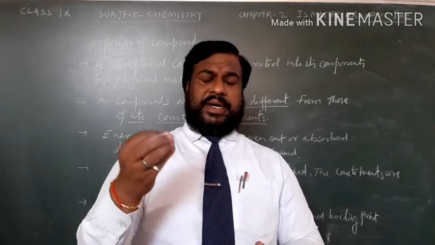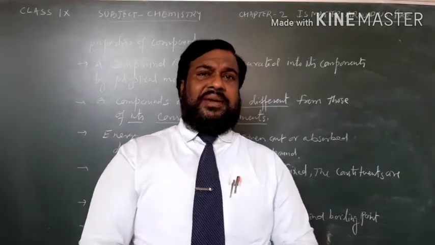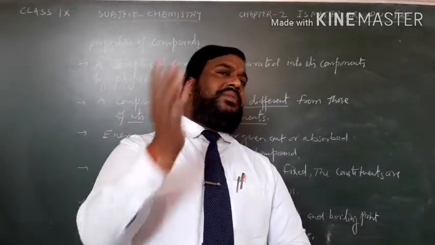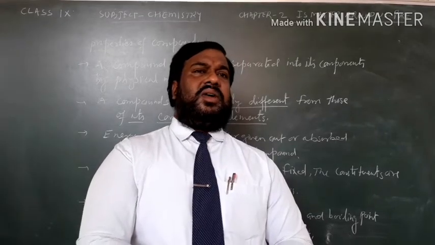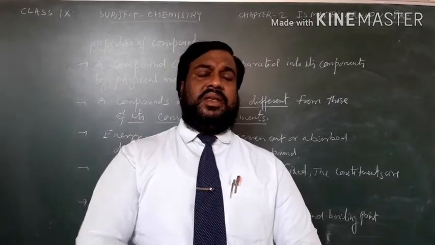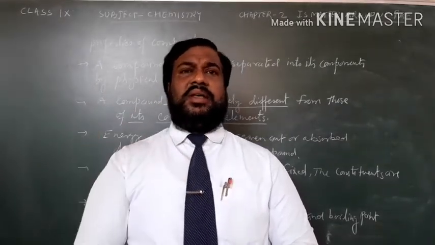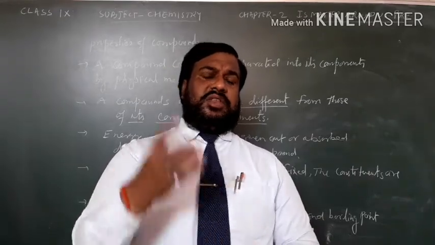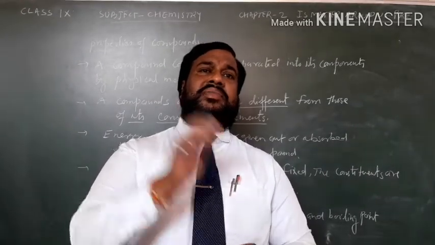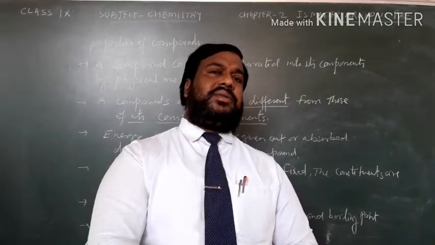The properties of ammonia are different from the properties of hydrogen and the properties of nitrogen. Or another example, water. Water is made up of two components, one is oxygen, another is hydrogen. So the properties of water are different from the properties of oxygen and hydrogen.